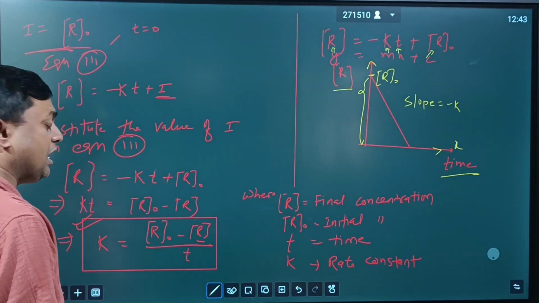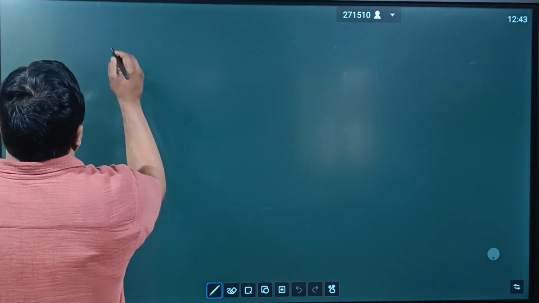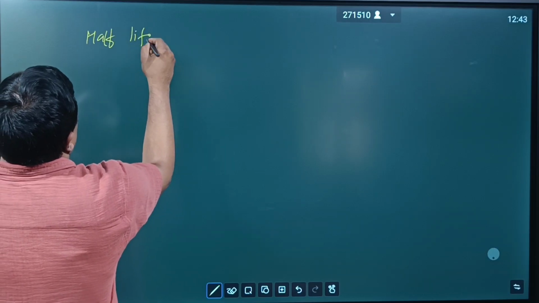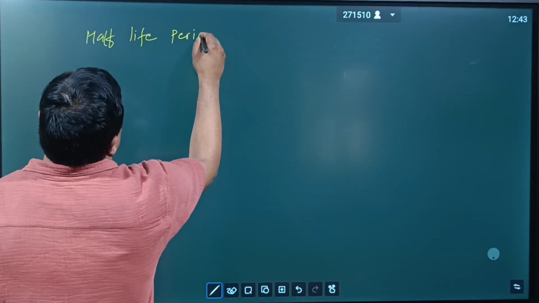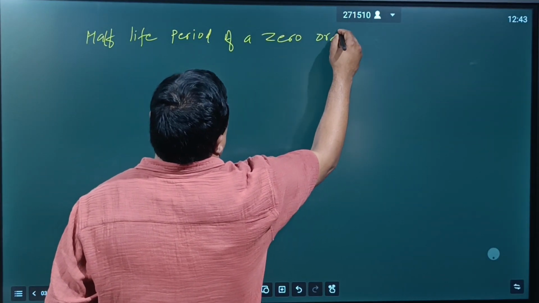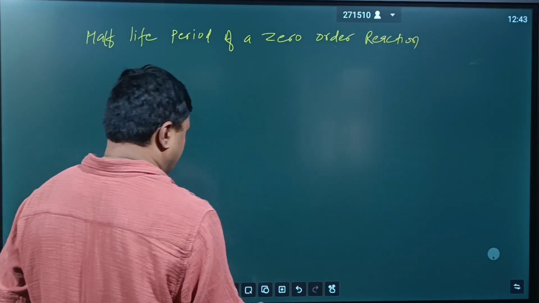Now let's talk about the half life period of a zero order reaction. What is half life or T half?